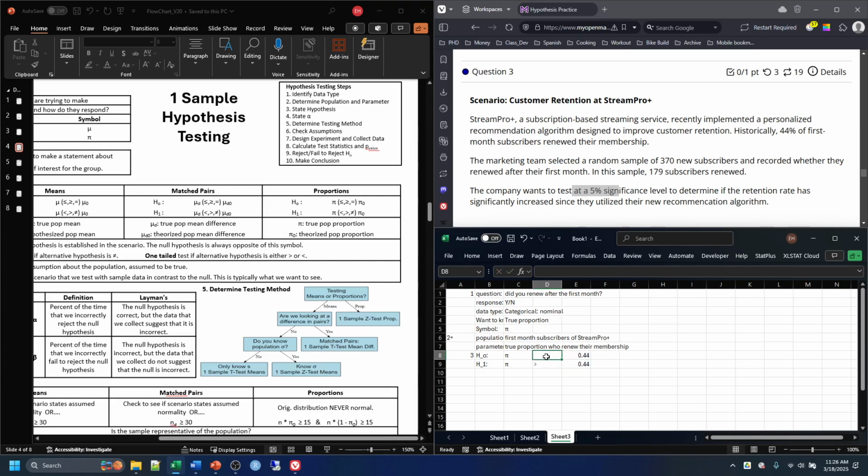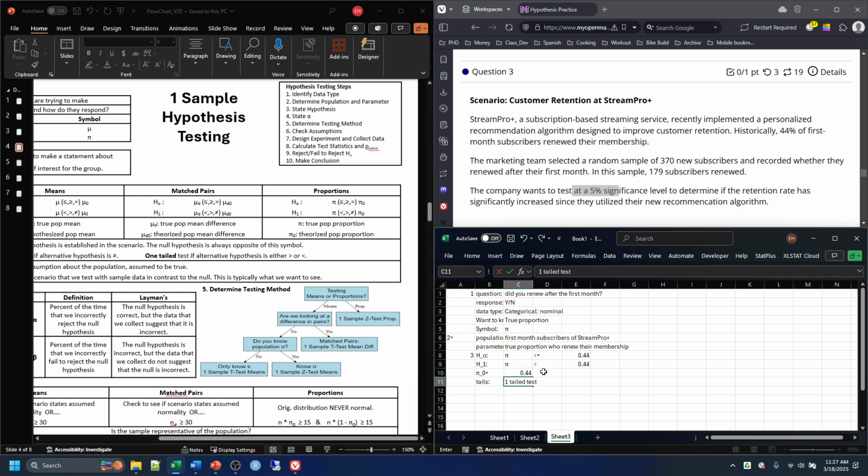That means the null hypothesis is going to be less than or equal to, because it is the opposite of our alternative hypothesis. We also know that pi sub 0, which we set up over here, is equal to 0.44. Fabulous. And for tails, this is a one-tailed test.